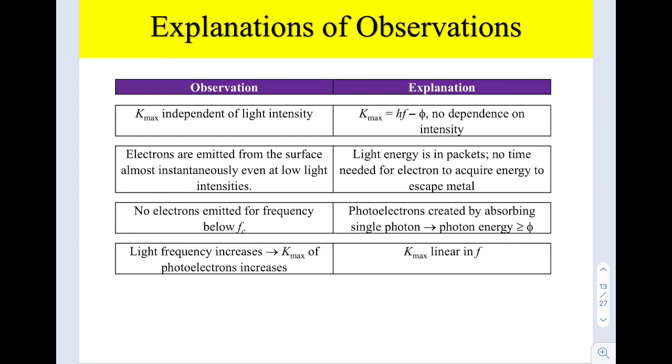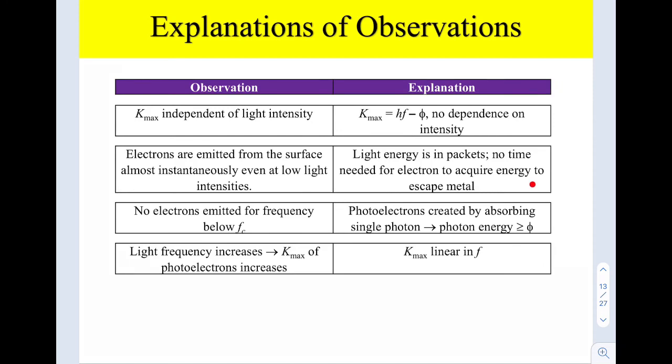Electrons are emitted from the surface almost instantaneously, even at low light intensity. Why is this happening? Because the light energy is in packets. Still remember Planck's hypothesis? The energy is in a discrete amount or tiny packet. We call it quanta.